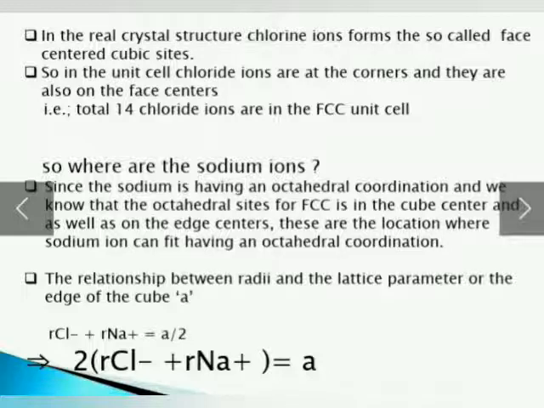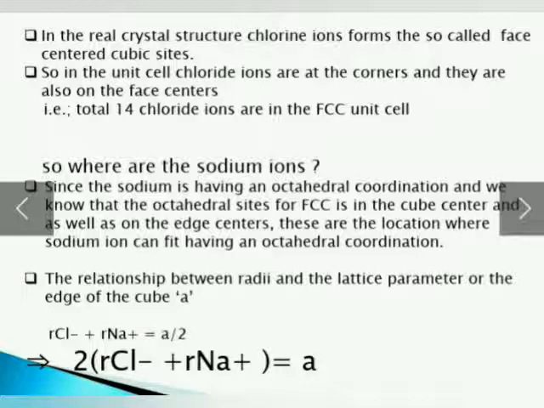So where are the sodium ions located? Since the sodium has an octahedral coordination, and we know that the octahedral sites for FCC are at the cube center as well as on the edge centers, these are the locations where a sodium ion can fit with octahedral coordination.